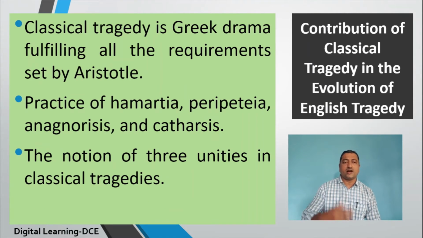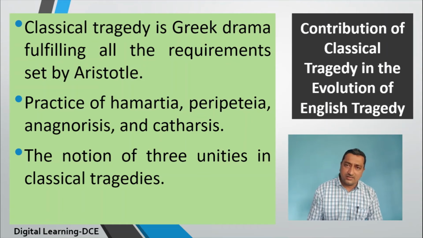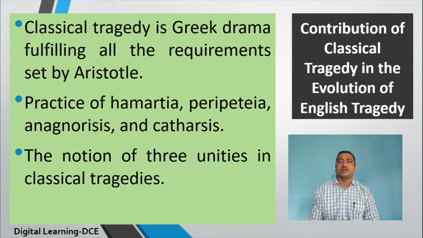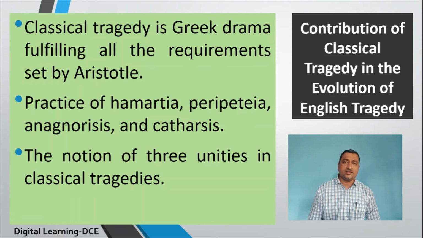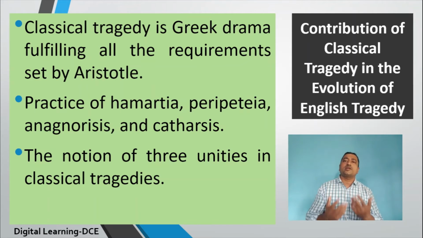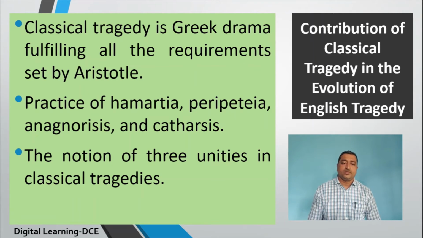When we move on to the other one, that is the classical tragedies, or the contribution of classical tragedy in the evolution of English tragedy, or how classical tragedy influenced it. The word classical, as I already told you in the beginning, is from Greek, Roman, Greek, Latin, right? Greek drama influenced English tragedy a lot. So when it comes to Greek drama, we know the great playwrights of the Greek, like Aeschylus, Sophocles, Euripides.